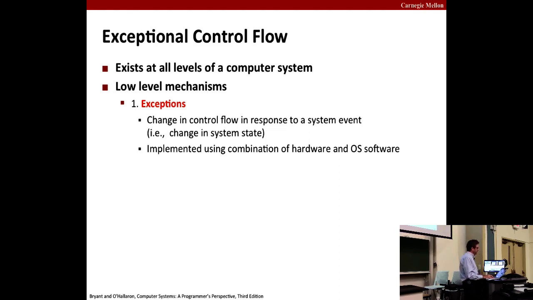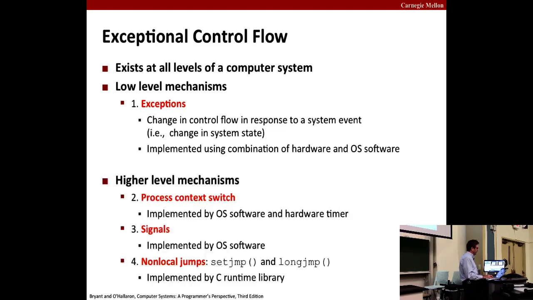But exceptional control flow exists at higher levels too. A process context switch is an example of exceptional control flow. It's implemented by hardware and the operating system kernel.